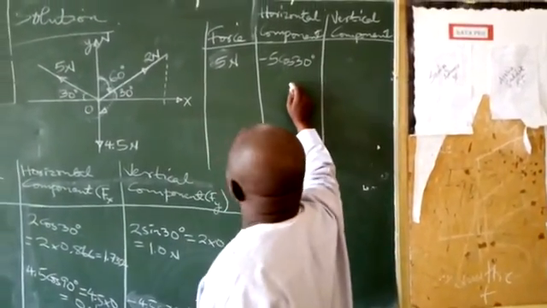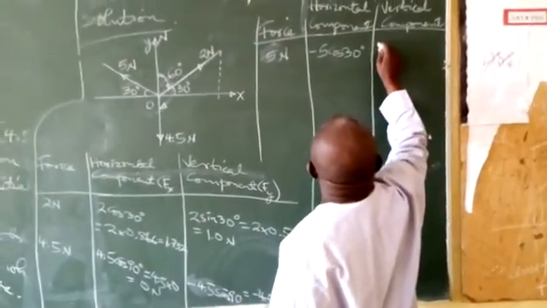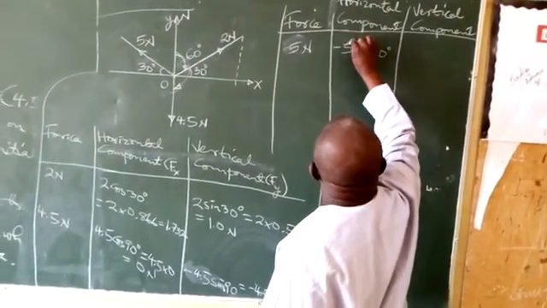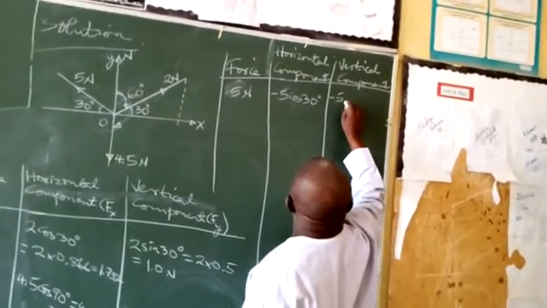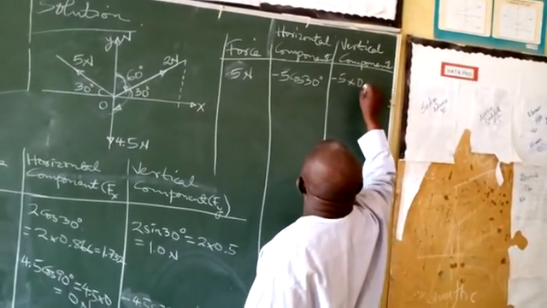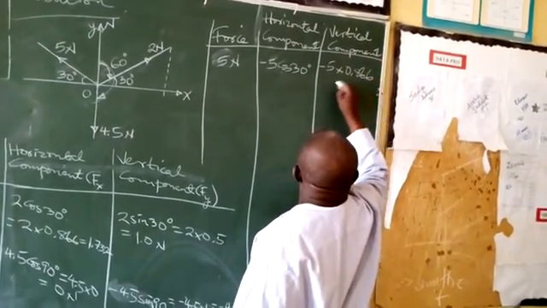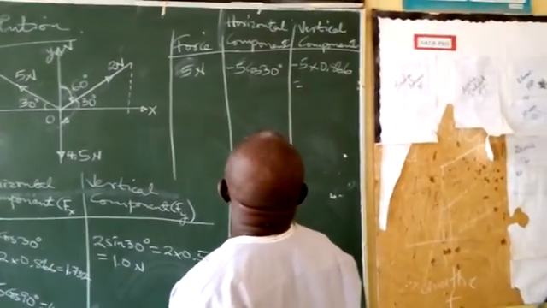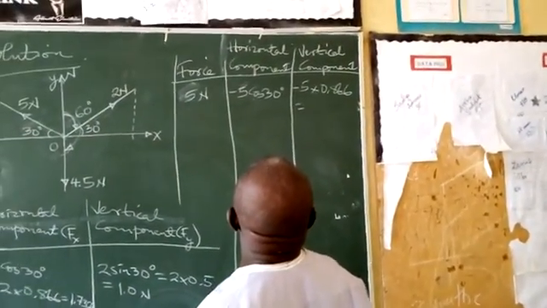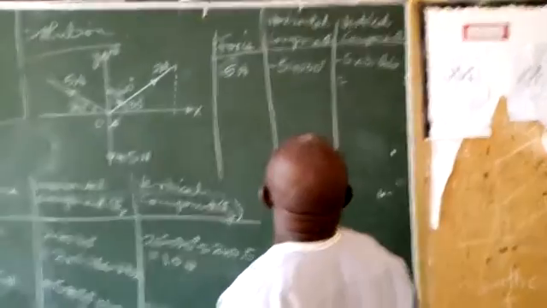Cos 30 degree, yes. And that will be minus 5 times 0.866, which is 4.3301.